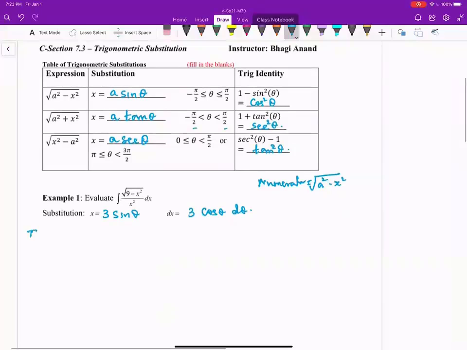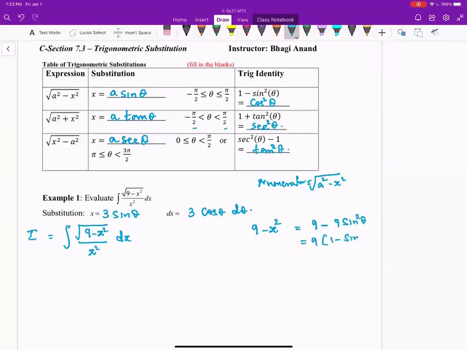As usual, we write the integral to be evaluated as I. I is the integral of the square root of 9 minus x squared over x squared dx. So 9 minus x squared is 9 minus 3 sine theta the whole square, which is 9 sine square theta. If you take the 9 out, it's 9 times 1 minus sine square theta, which is 9 cosine square theta.